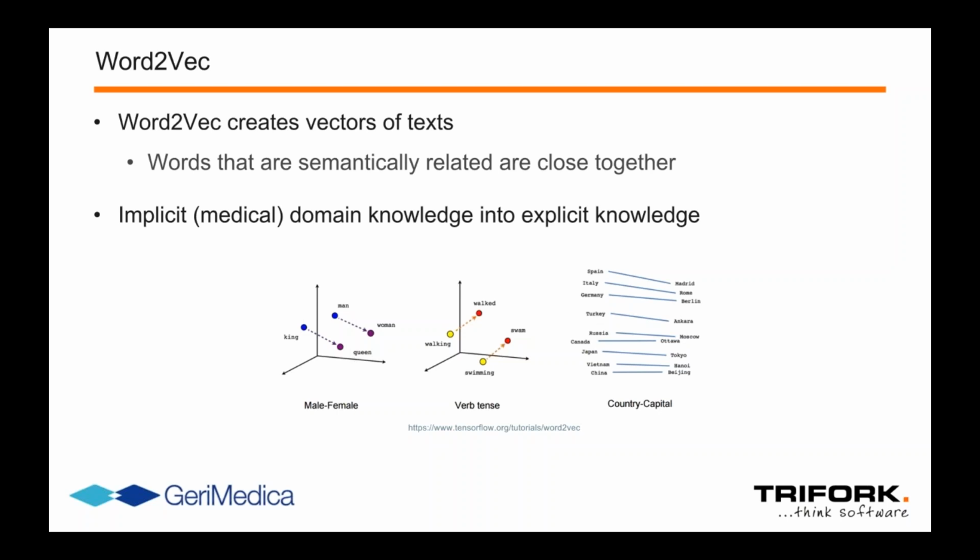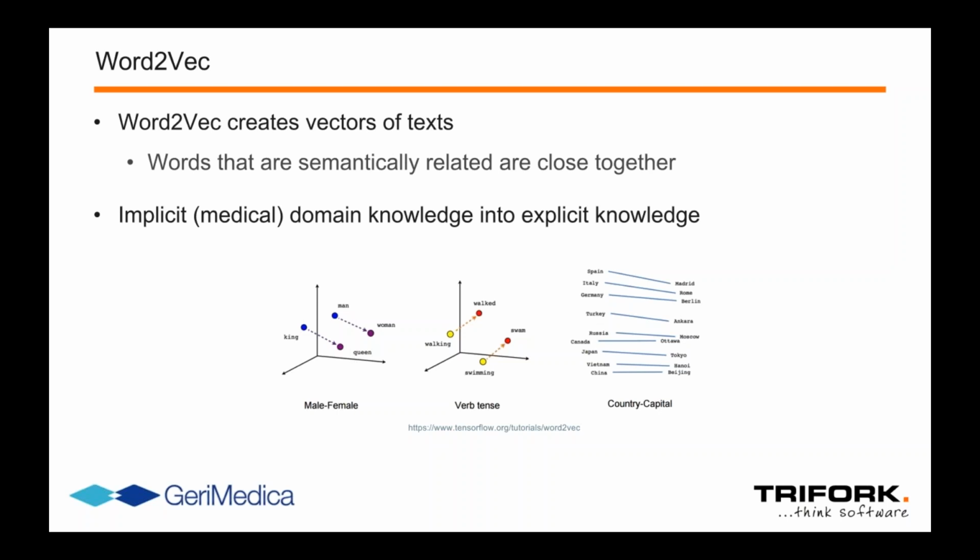So word2vec creates vectors of text, and it does it in such a way that it models the relationships between words.